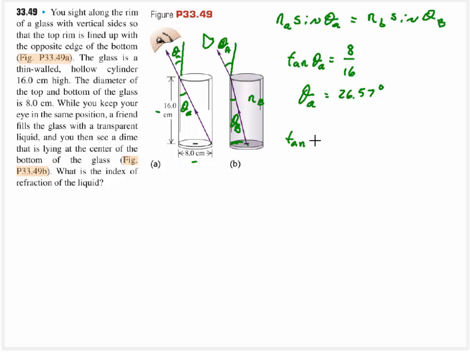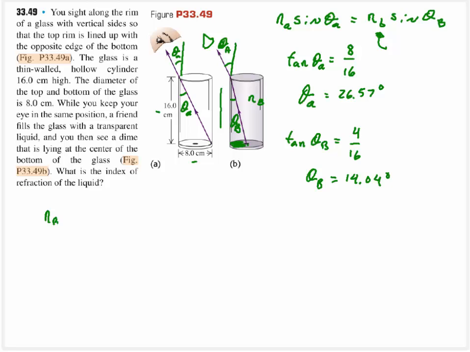We do the same thing right here where we want to know what theta B is. We say tangent of theta B is going to be equal to the opposite side, now just 4 centimeters, and then the adjacent side, 16 centimeters. And so we get theta B to be equal to 14.04 degrees. Now it's just a simple application of Snell's law where we're looking for that guy right there.